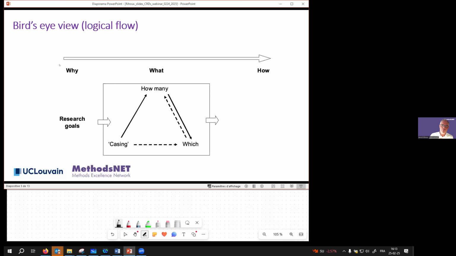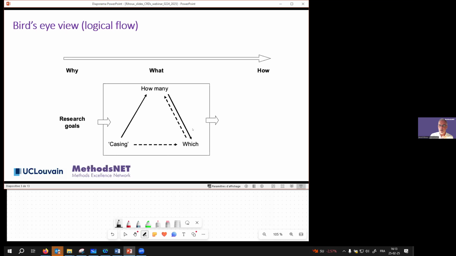Then, once you've decided to go comparative, is what to compare. This corresponds to three major operations which are very much intertwined, or I think circular, or at least iterative. First, how to define my cases. What are my cases? That's what I call the casing operation. And then how many cases to encompass in my research?